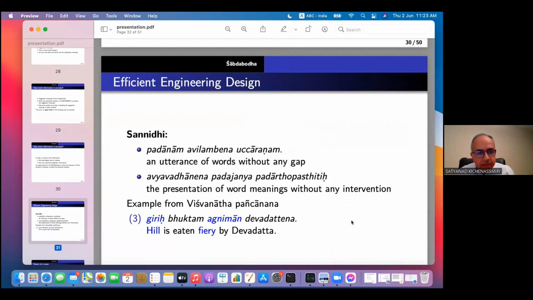Anyway, since you're comparing languages, I wanted to point out that there is a very famous example in French, in Molière, where he pokes fun at grammarians and poets for mixing up word order. This is also found in Latin, where word order is often free, and sannidhi is definitely not used.